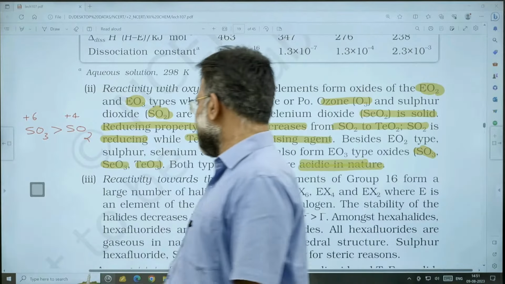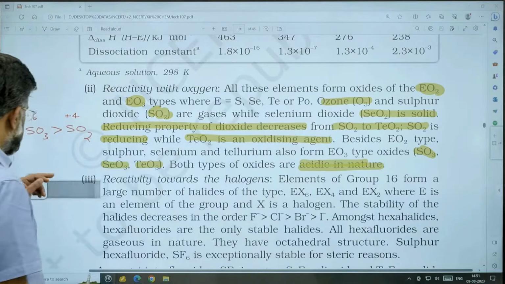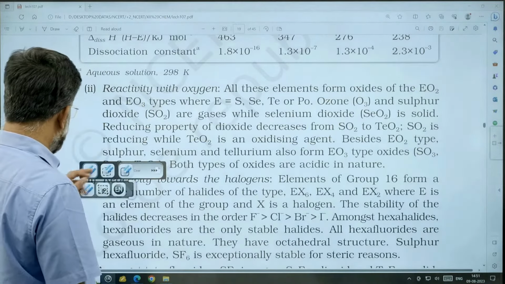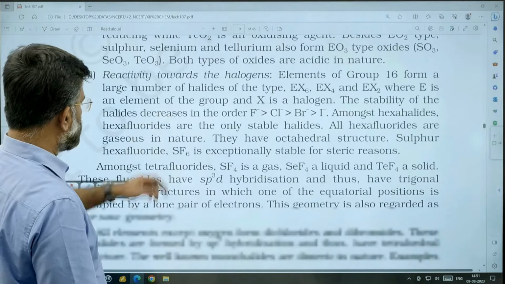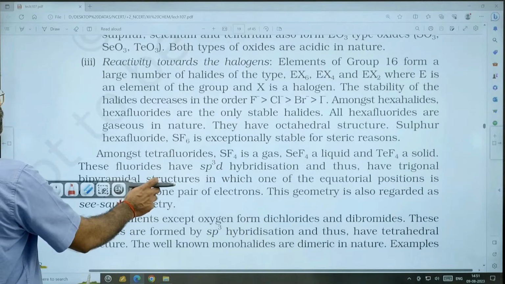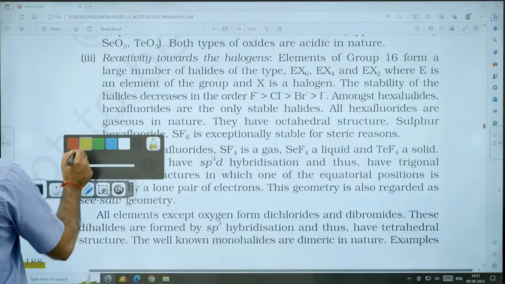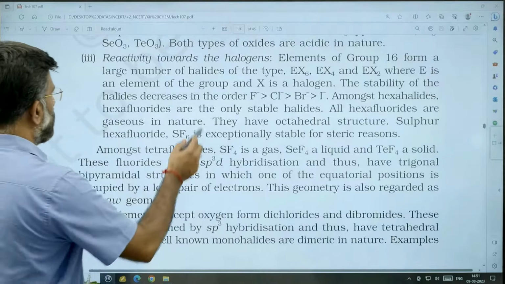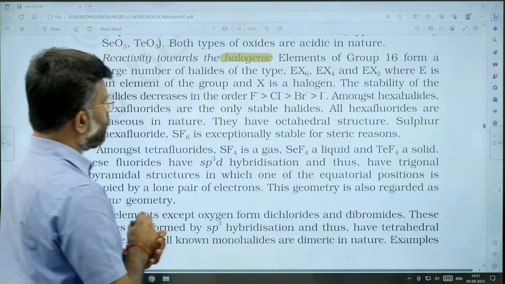Okay. Next is reactivity towards halogen.